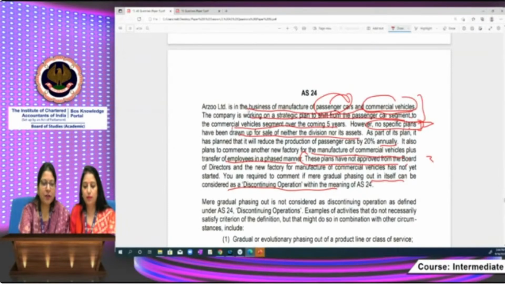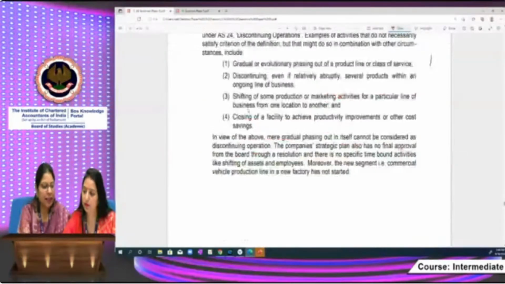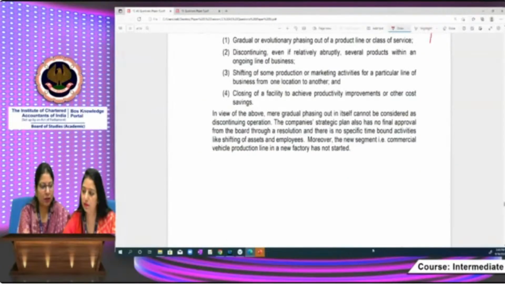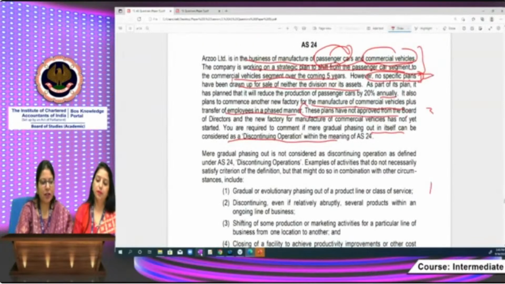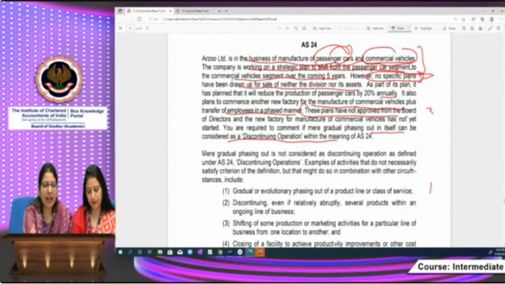So in this question, the way of answering is that mere gradual phasing out is not considered a discontinuing operation as defined under AS 24. And what are the activities that do not necessarily satisfy the criteria, but might do so in combination with other circumstances?